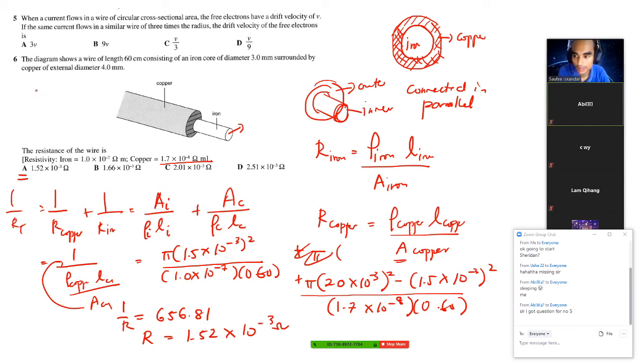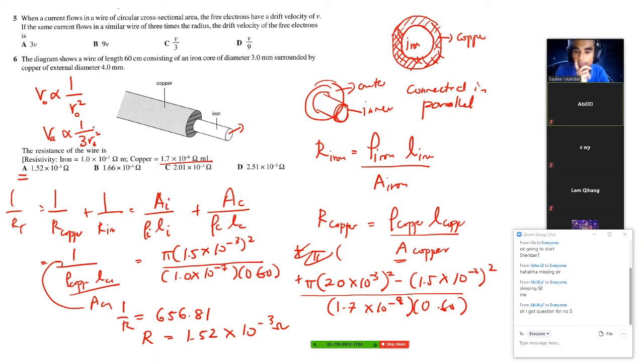What we have in question number 5 is V is directly proportional to 1 over R squared. Okay, and this is V naught. Next we have V after, meaning after the increment of area, I put it as A after, is directly proportional to 1 over (3 R naught) squared.